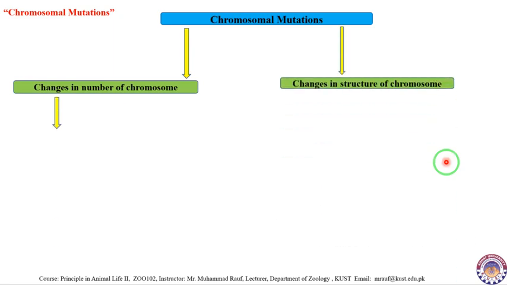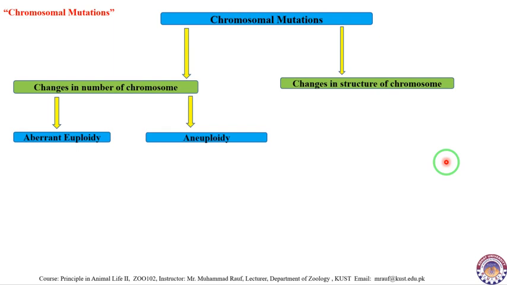Change in number of chromosomes can be of two further types: aberrant euploidy and aberrant aneuploidy, or aneuploidy itself.